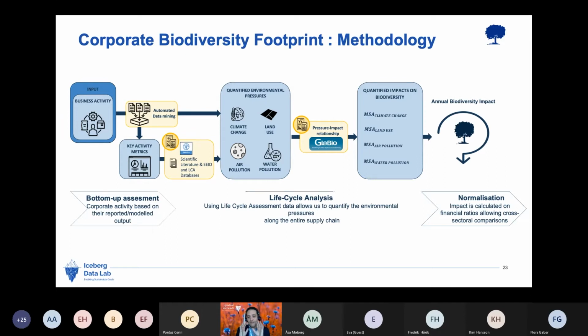The charm of this approach is that we have no data gaps, because with a minimum level of information, meaning turnover and main sector, we can model an impact. What is better, obviously, is when we have very granular and specific information on what the company has produced, for instance. At this point, we have 1/3 of the database, and our coverage is very broad, covering all the large corporates from the main indexes.